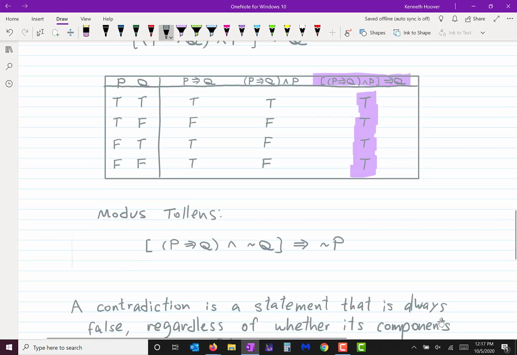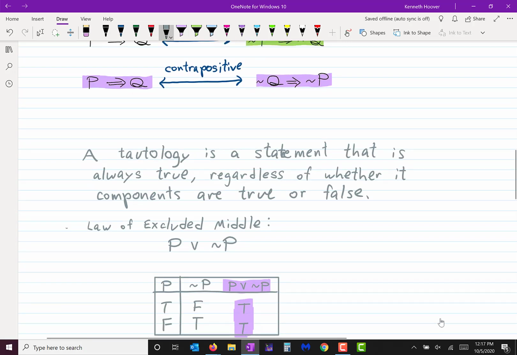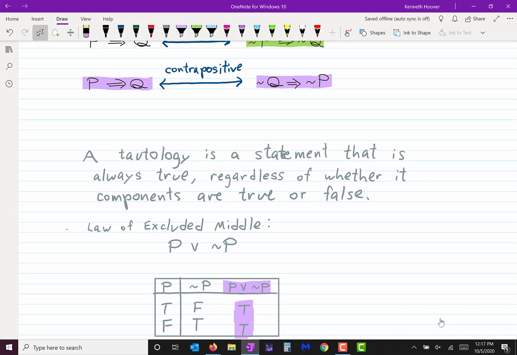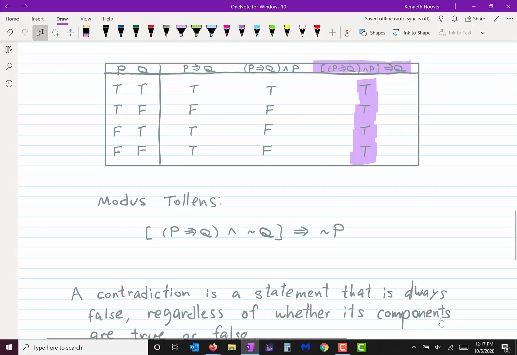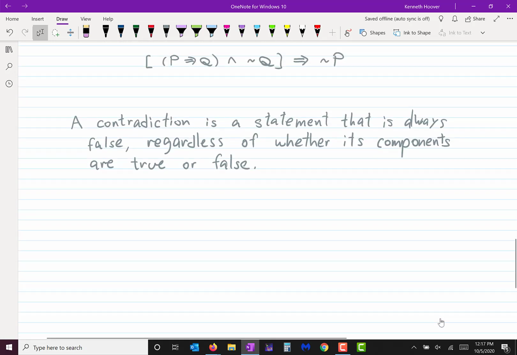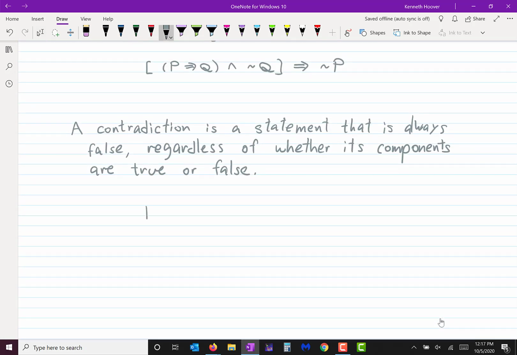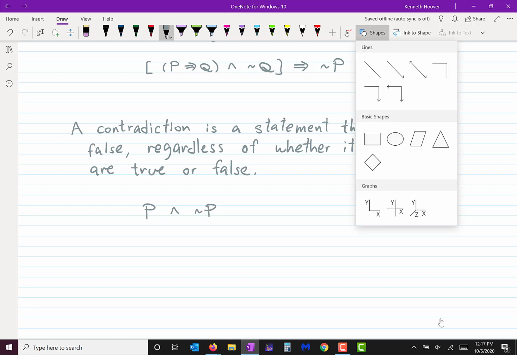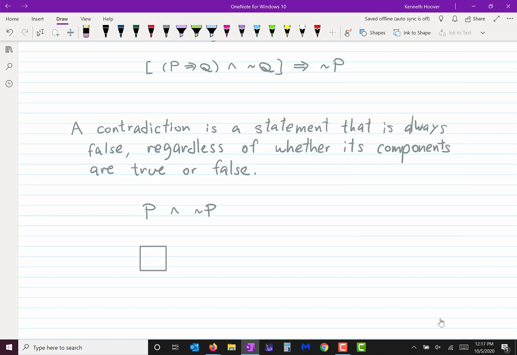Well, a tautology, one example is the law of excluded middle, P or not P. If you write P and not P, then you would have a contradiction, which is very easy to see.